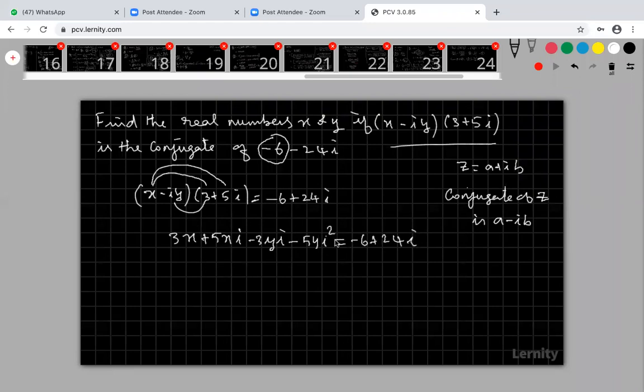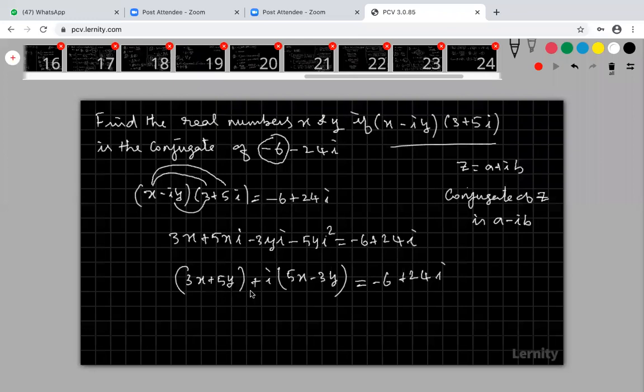Here my i square is minus 1. So 3x plus 5y is my real part, plus my imaginary part is 5x minus 3y. This is equal to minus 6 plus 24i.